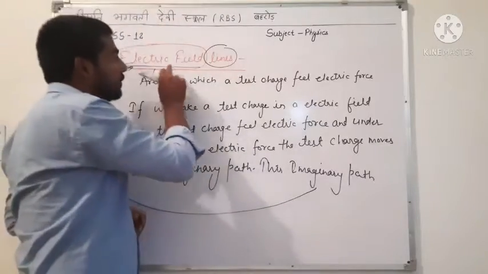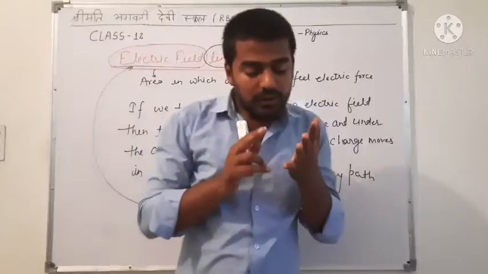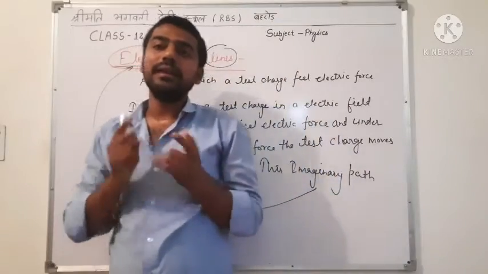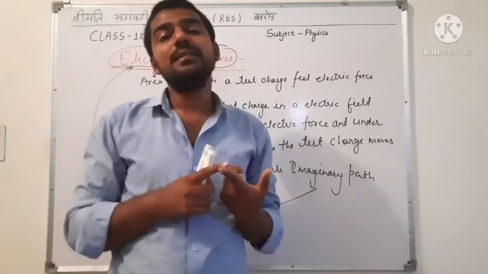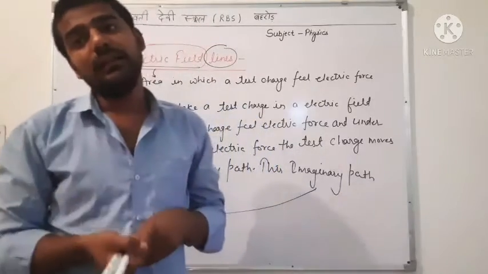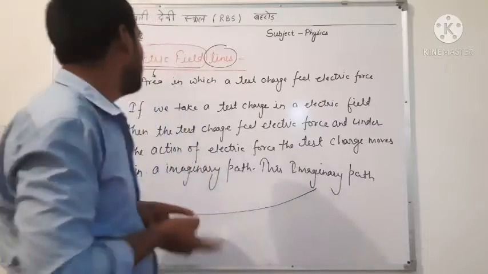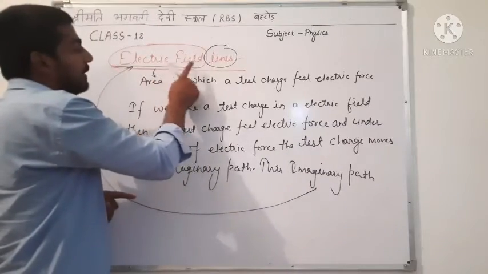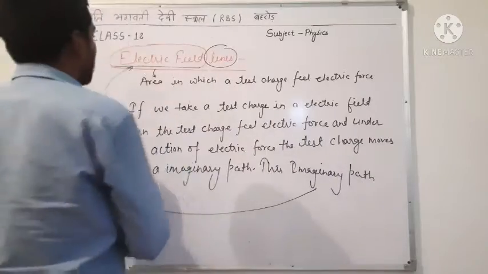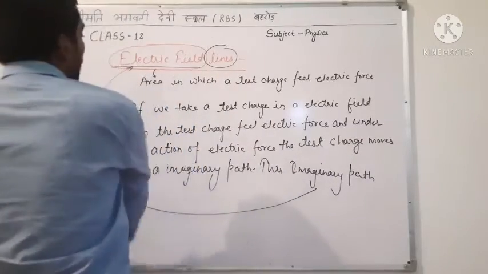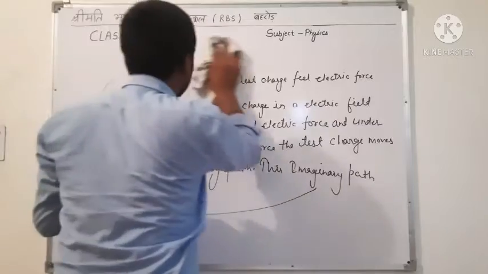What is the definition of electric field lines? The imaginary path in an electric field in which a test charge moves under electric force is called electric field lines. Our next topic is properties of electric field lines.